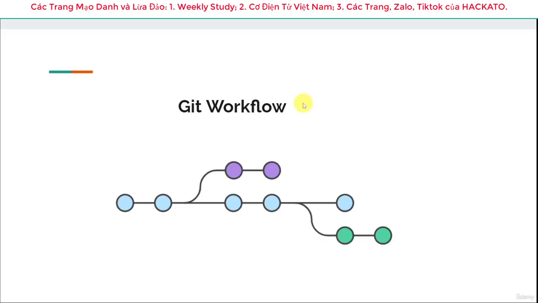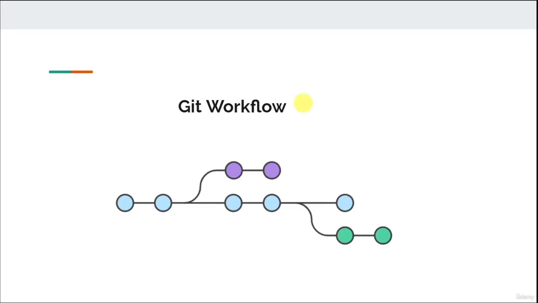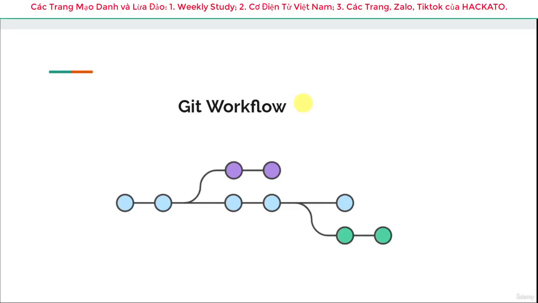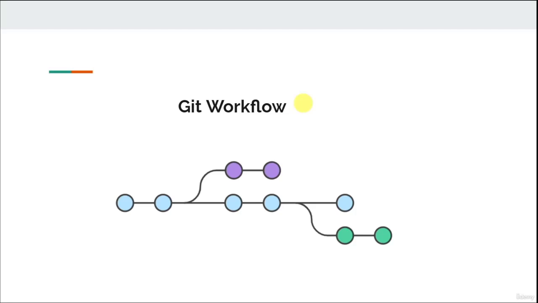Now we have learned about version control systems, so we know why we are using them. And we just started the Git basics also. So now we can create a new repository, create different branches, and add some commits.